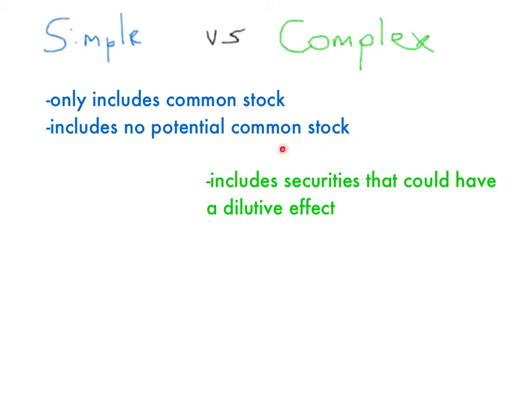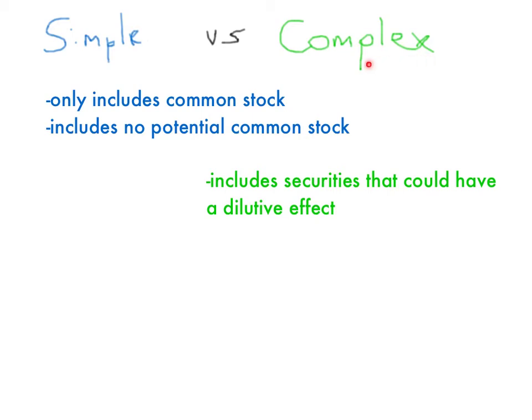And this is also very important here, there is no potential common stock outstanding. In other words, we've talked about convertible bonds, we've talked about stock warrants, restricted stock. If that company has any restricted stock or any convertible bonds, they would not be considered a simple capital structure.